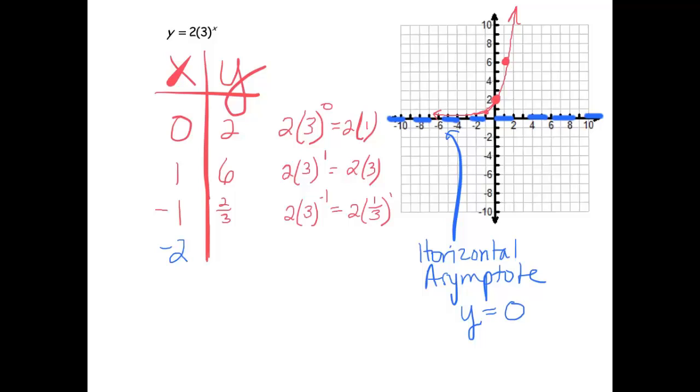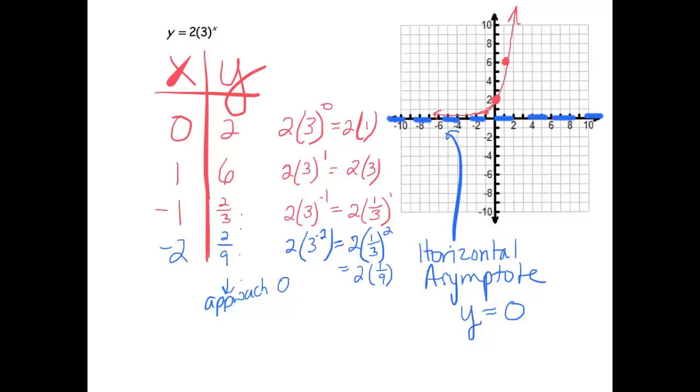If I plug in negative 2 for x, I get 2 times 1/3 squared, which is 2 times 1/9. So we get 2/9 here. And you'll see that that just keeps getting smaller and smaller and smaller, and it's going to approach 0. So when you have an asymptote, that graph is approaching that asymptote.